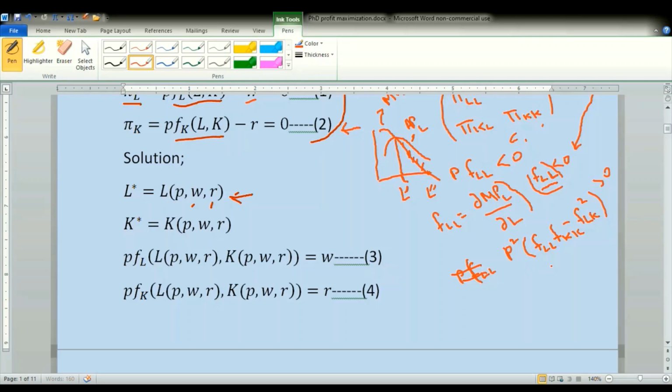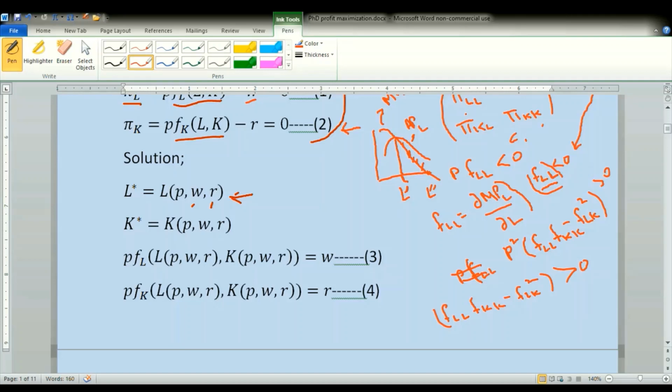But dividing throughout by P squared means that we have to have FLL FKK minus FLK squared greater than 0. So this term in parentheses should be greater than 0.